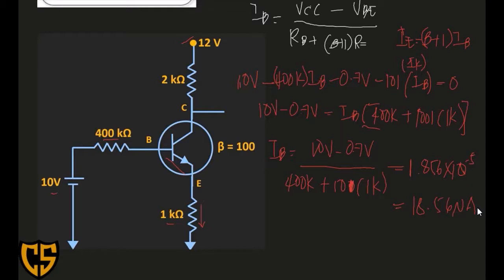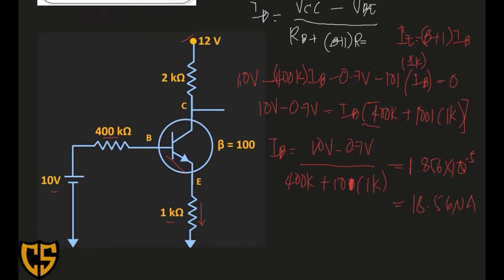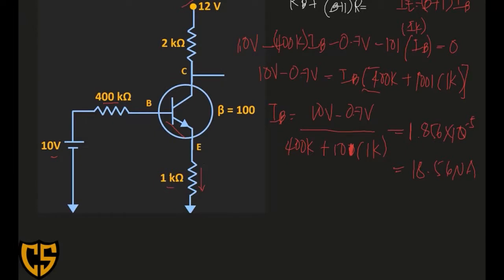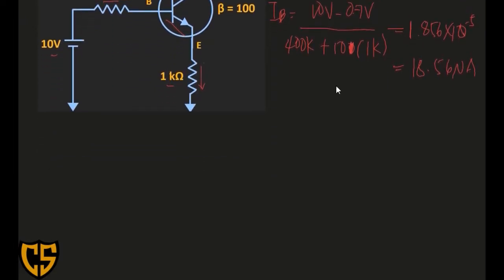Okay? Now we are going to have sang aton nga output nga side. So take note of the relationship sa imong output nga side. So you have to relate sang IC kag IB. Your IC is equals to beta IB. So to find the value of your IC, this will be equal to beta naton nga 100 multiplied by IB, which is 18.56 microampere.